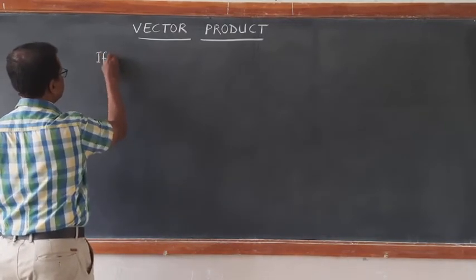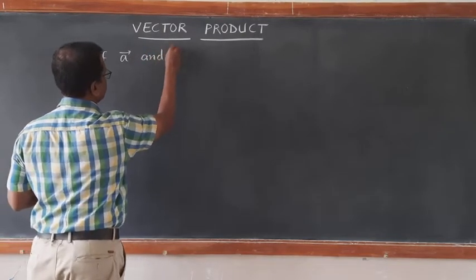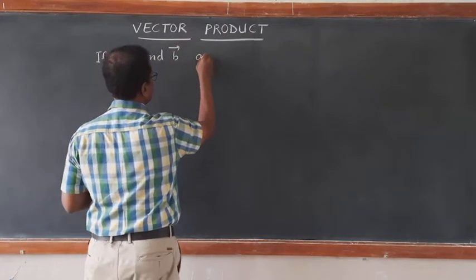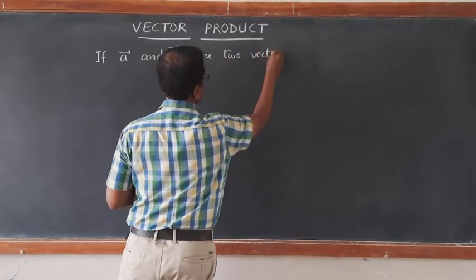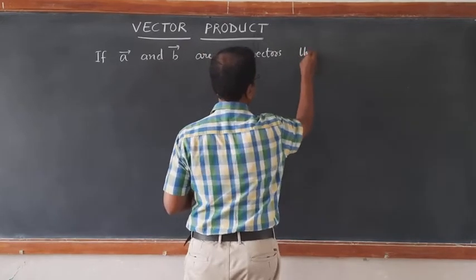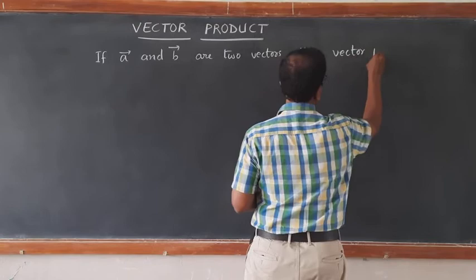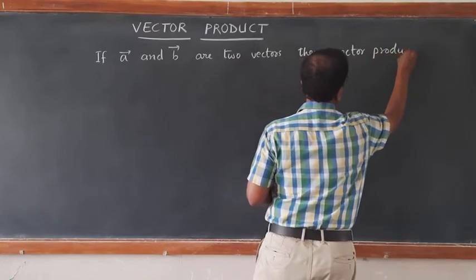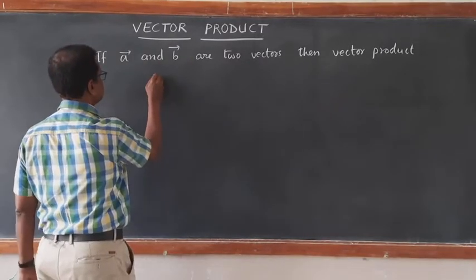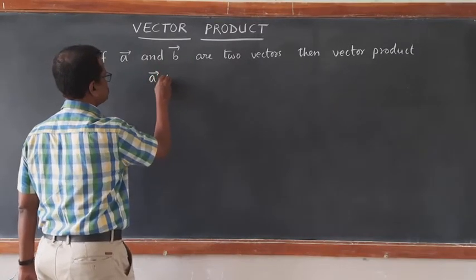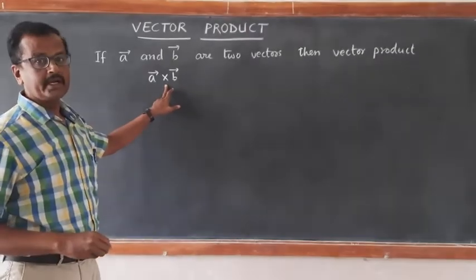If vector A and B are two vectors, then the vector product of these two vectors is written as vector A cross vector B. You have to read it as cross, not into.